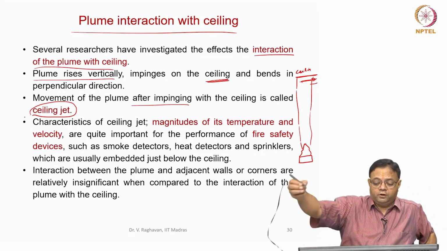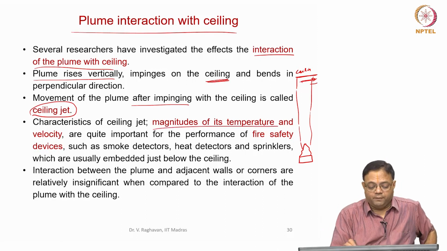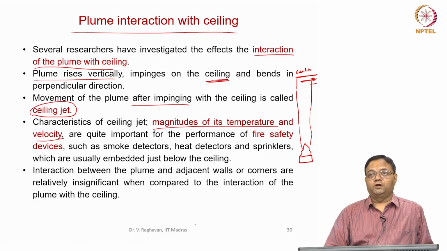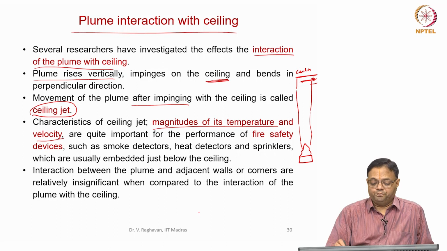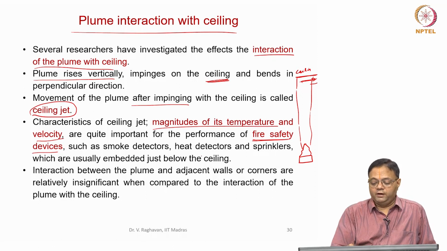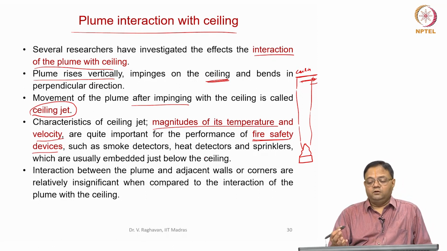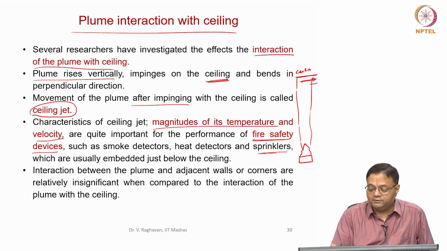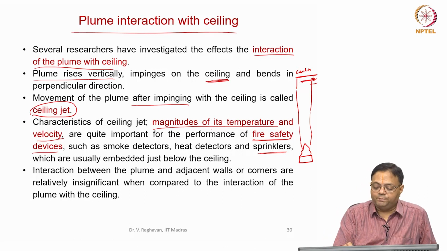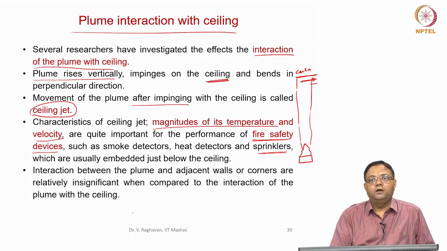Now, the magnitudes of temperature and velocity of the ceiling jet will be very important for us. Why? Because we put our fire safety devices such as smoke and heat detectors, which will actually trigger a sprinkler etc., into the ceiling. So if the ceiling jet is strong enough, the magnitude of the temperature and velocity of the ceiling jet will be higher.